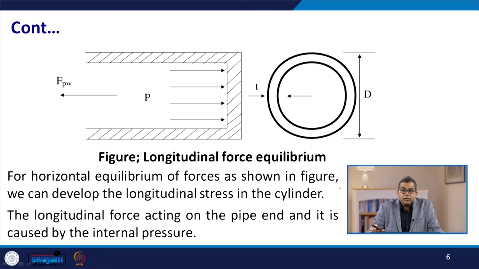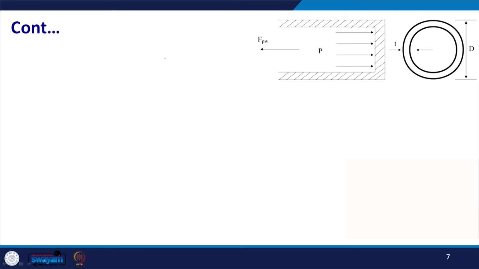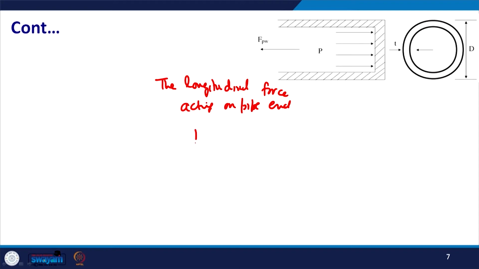Now, for horizontal equilibrium, the forces shown in this figure can develop the longitudinal stress in the cylinder. The longitudinal force acting on the pipe is caused by internal pressure, that is F is equal to P pi d square over 4.